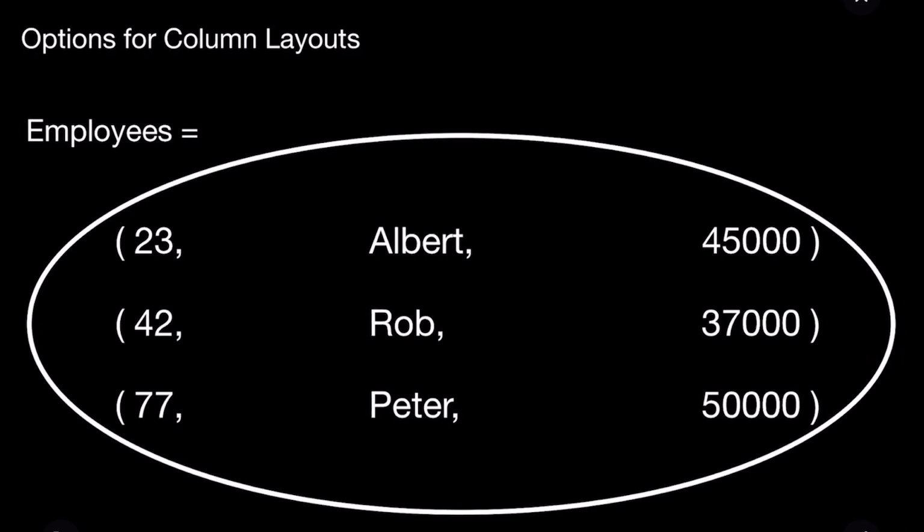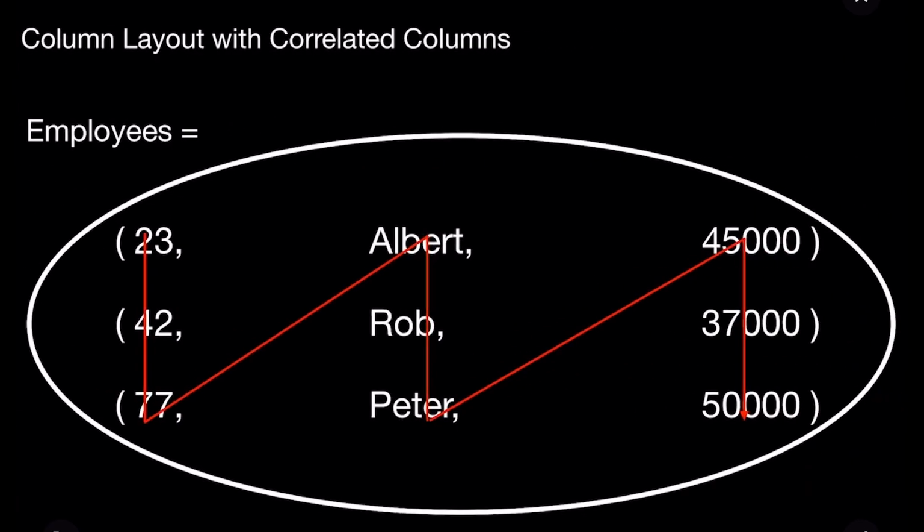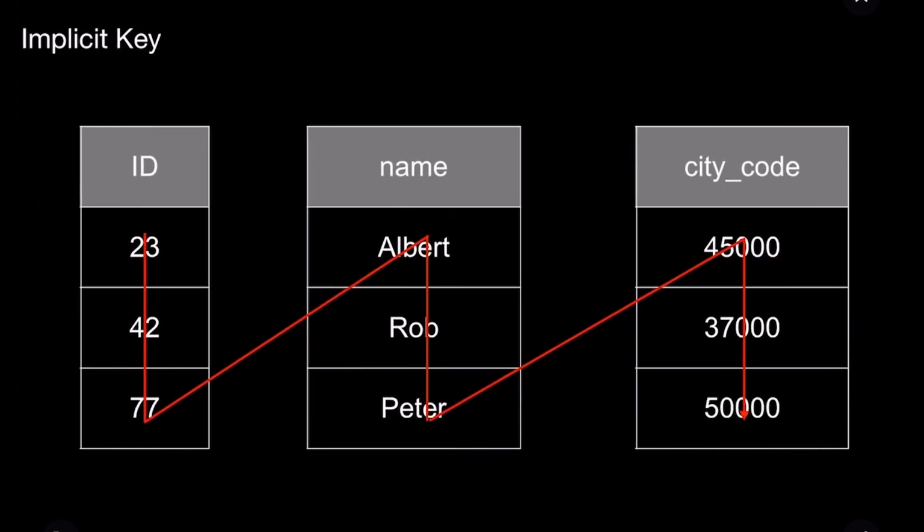So for column layouts, there are actually a couple of options. And what we're now trying to do is get the best of both worlds, row layout and column layout. So again, we have the three tuples, and that is a column layout I just explained. And how you implement that in the database is often through some implicit key mechanism.